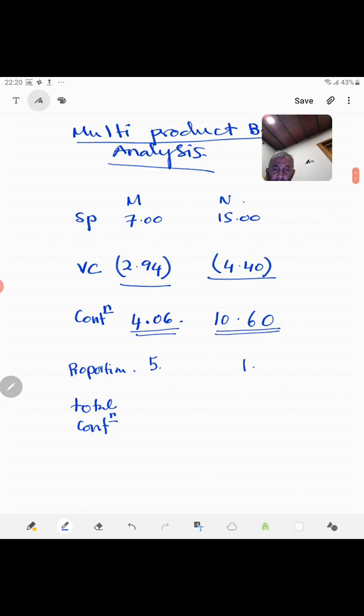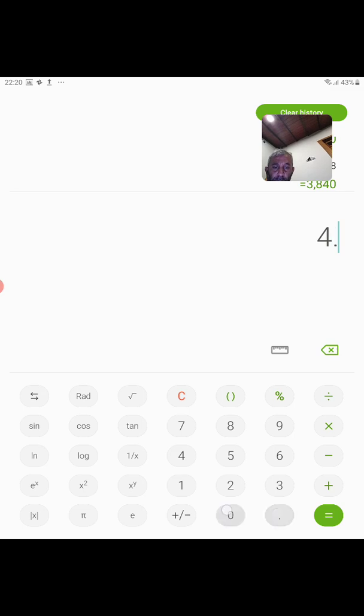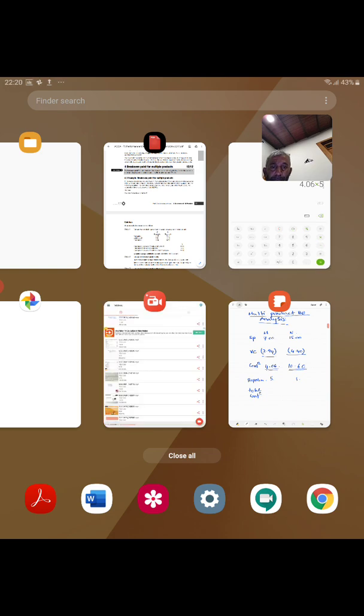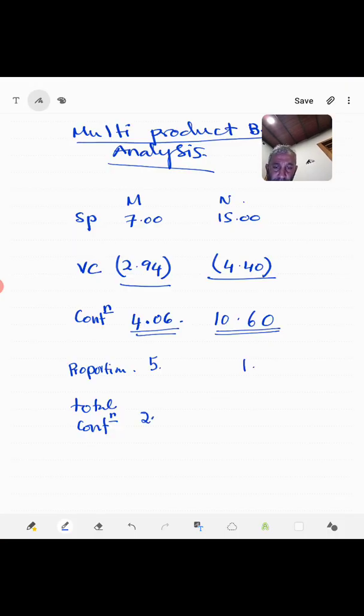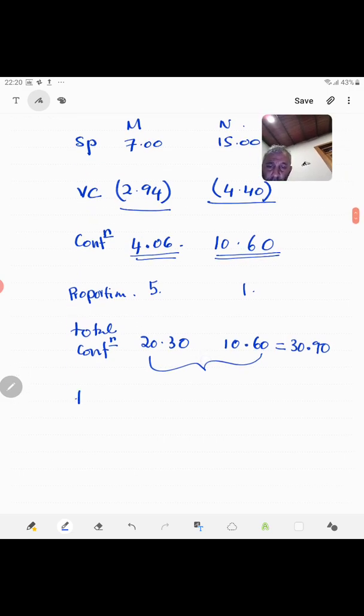I need to multiply 4.06 by 5, which gives 20.3, and 10.6 by 1, which is 10.6. The total of these two, 20.30 plus 10.60, is 30.90.